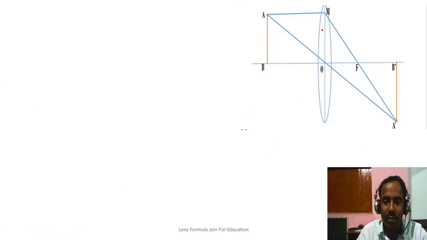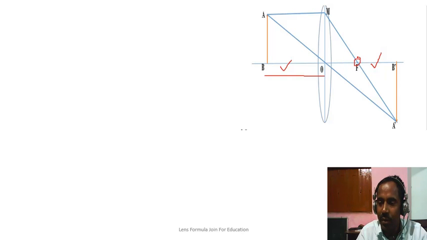From the figure it is clear that OB is the object distance and O dash B dash is the image distance. OB is the object distance and it is generally denoted by U. According to the coordinate sign convention, OB will be minus U and OB dash will be V.